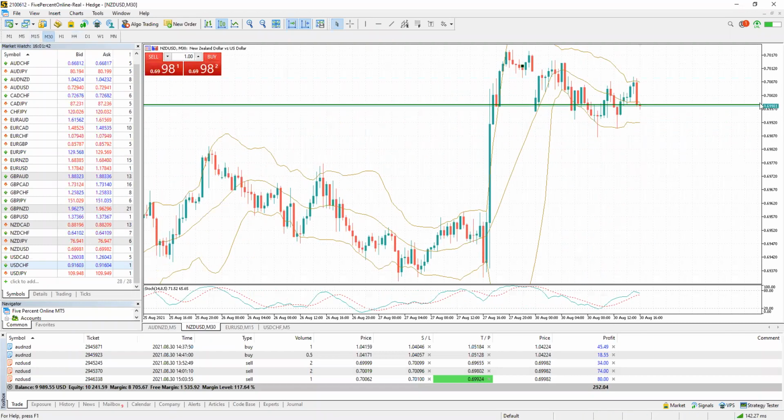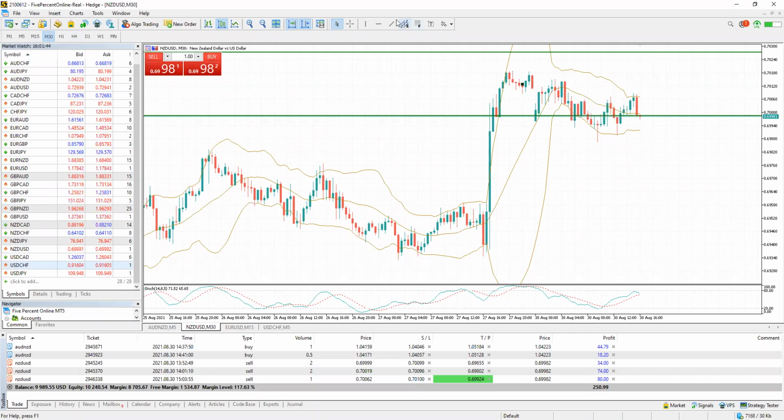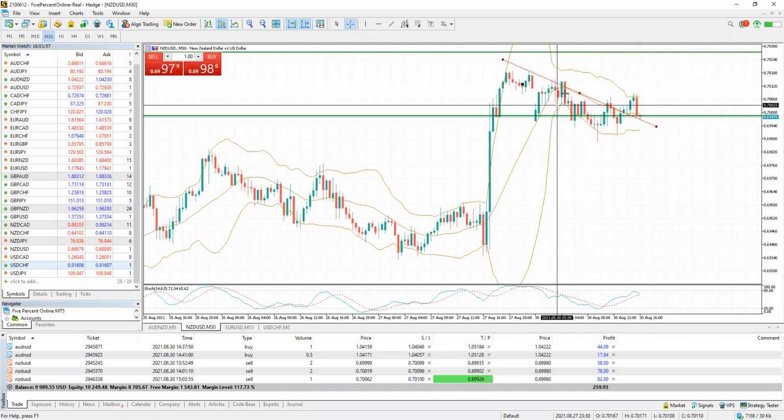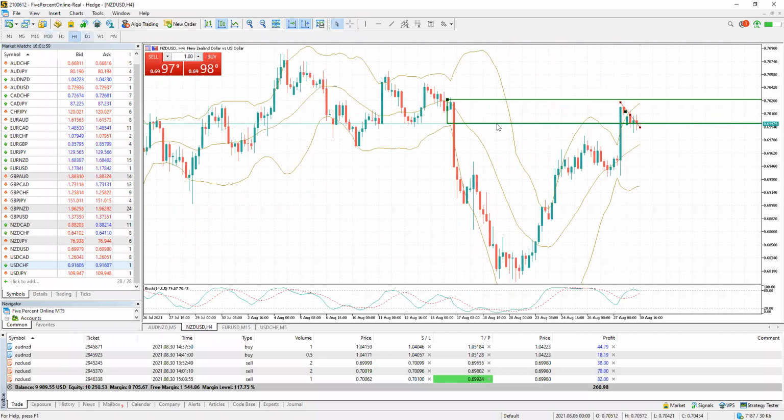I looked at this and thought to myself, okay, we are actually in a descending triangle. Actually, we break it, so I have to be very careful with that. We make all the time a lower high here. So in the H4 we enter a supply zone.